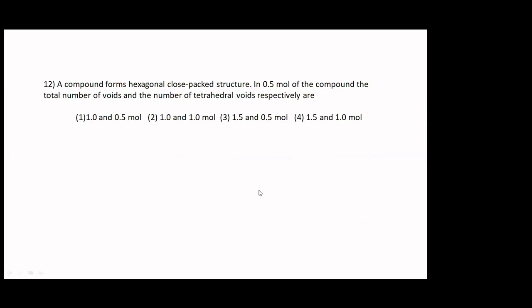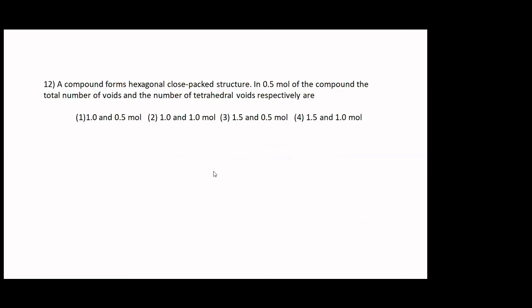A compound forms hexagonal close packed structure. 0.5 mole of the compound, the total number of voids and the number of tetrahedral voids are respectively. How do you do this?